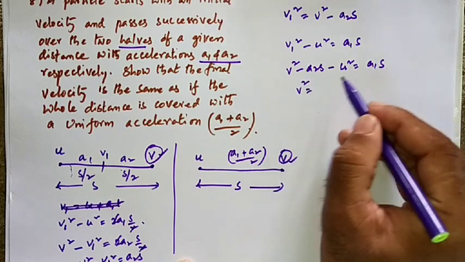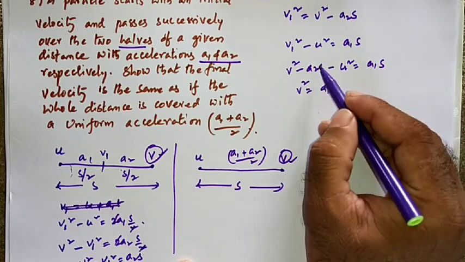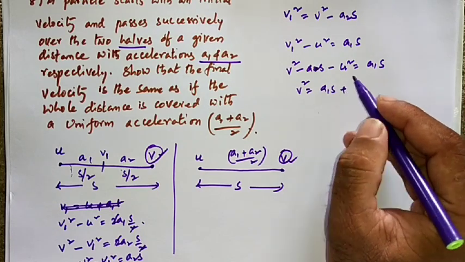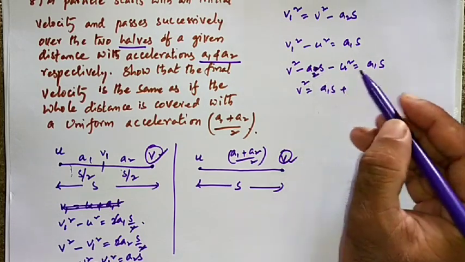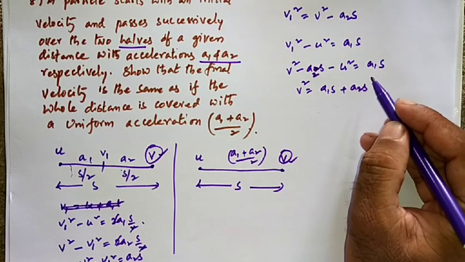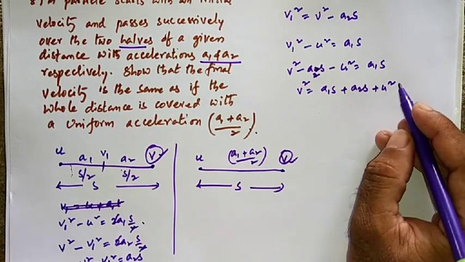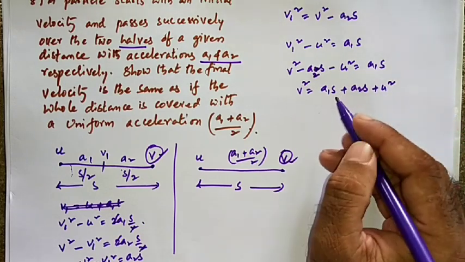And now solve for v. v square is equal to a1s, here 2 is not there again, plus a2s, okay, plus u square. Yes or no? Right.